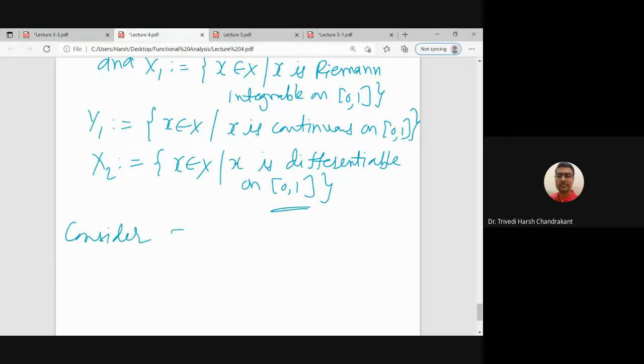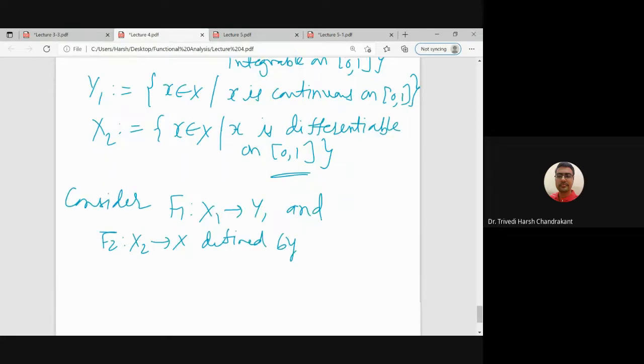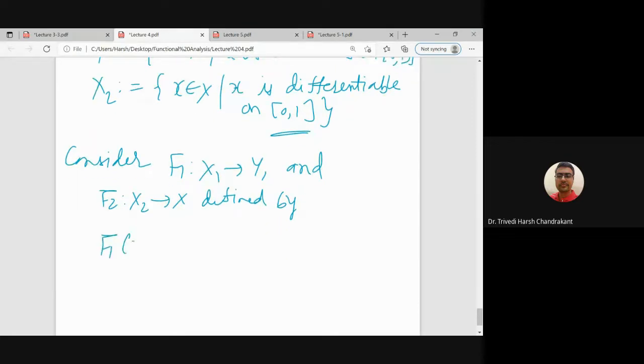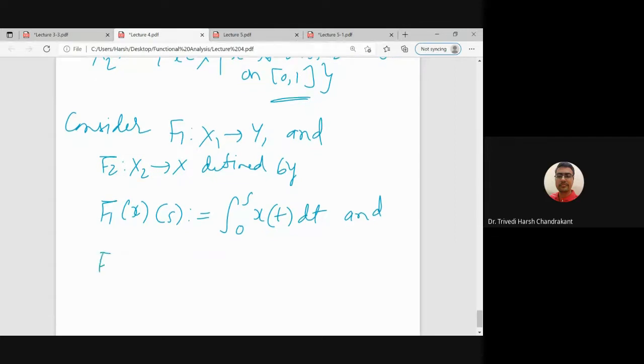So now consider the function f1 from X1 to Y1 and f2 from X2 to X, defined by: f1 is defined on the function x, evaluated at s belonging to [0,1], as the integral from 0 to s of x(t) dt, and the second function we are defining in terms of the derivative.